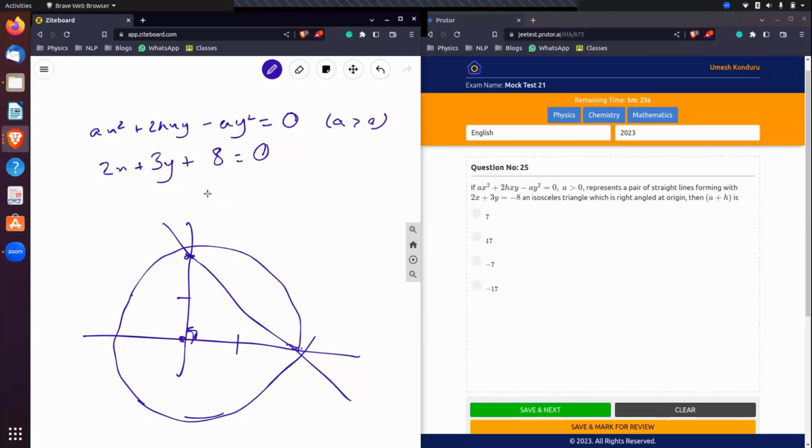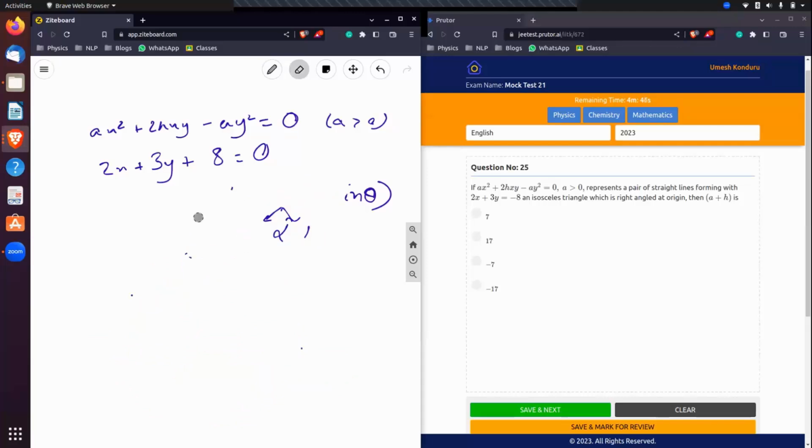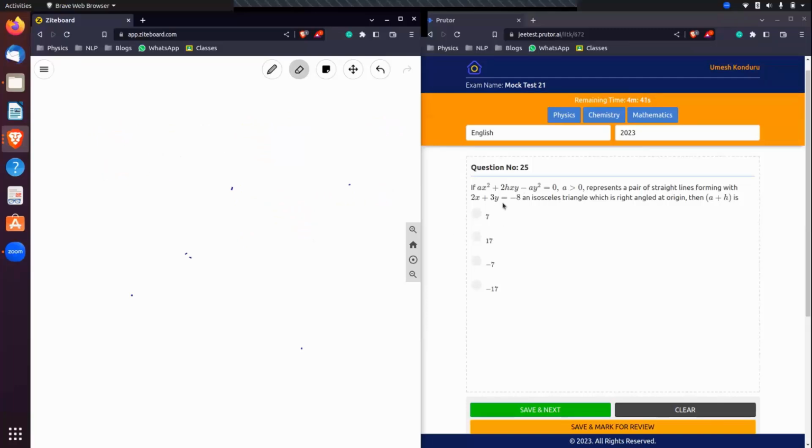We'll consider these 2 points, the points of intersection, to be of this form, where theta can take on two values, so alpha and alpha plus pi by 2, because the angle it subtends at the origin is pi by 2. So let's try doing it that way and see if we get somewhere. We'll also figure out r by saying that it's a chord. This is a chord that subtends a right angle at the origin.